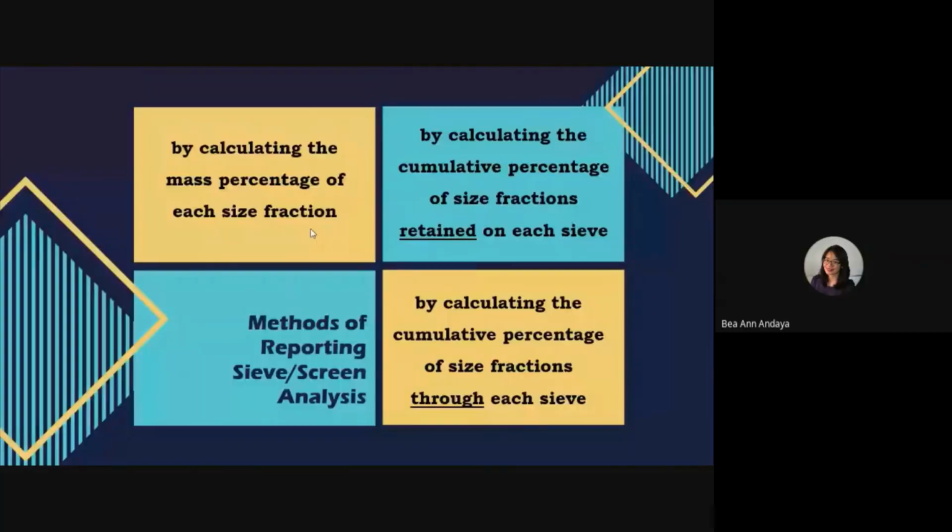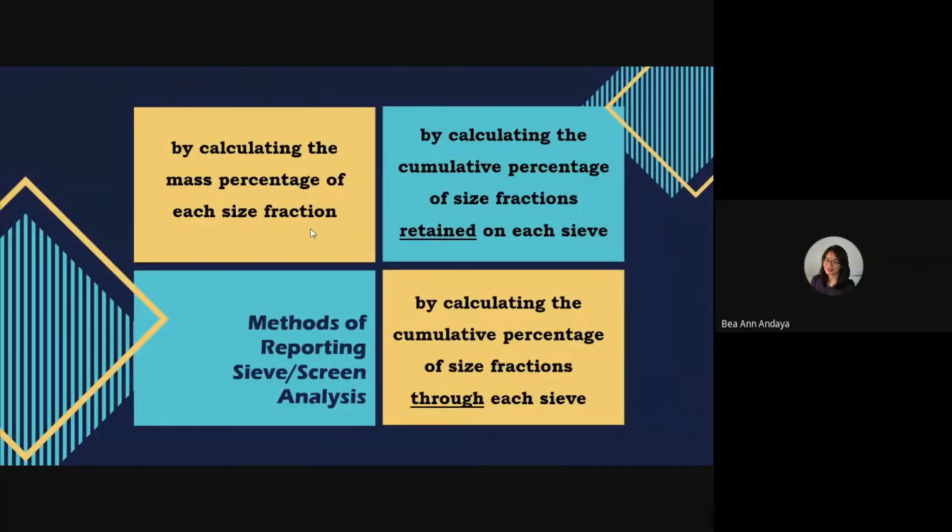So, syempre, kapag nag-gather na natin yung data, specifically the fractions ng mga materials na na-retain doon sa bawat screen, dapat meron din tayong paraan para, let's say, i-tabulate or i-graph etong mga data na to. Our ways in reporting the screen analysis are as follows. We could calculate the mass percentage of each fraction.